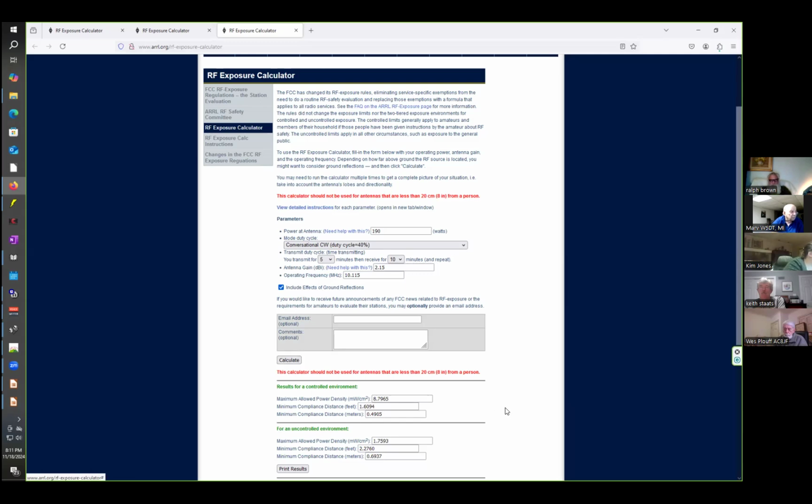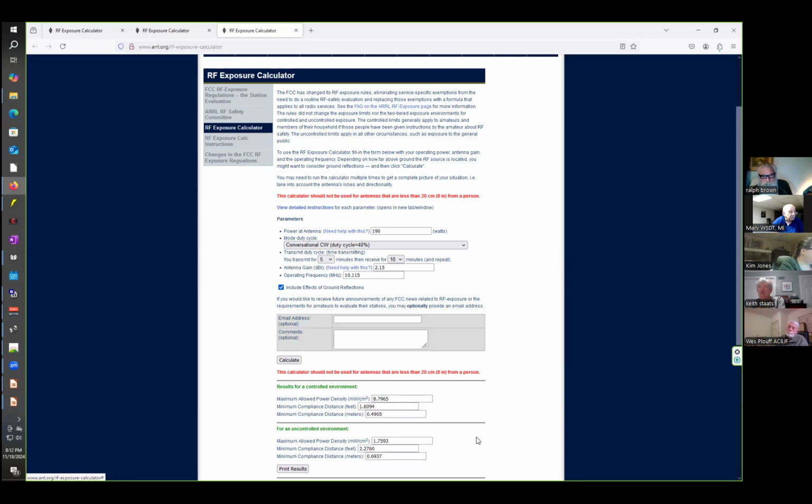So the minimum compliance distance is a little over 1.5 feet for the controlled environment.